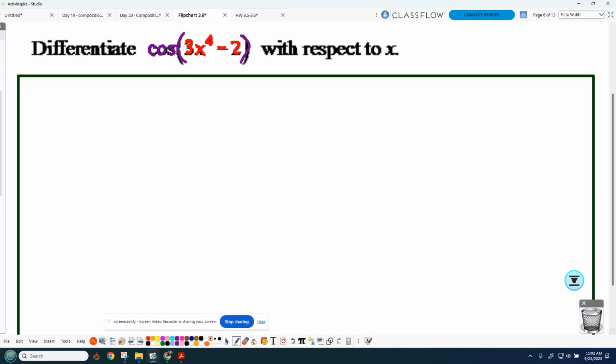Okay, so try that. Do the derivative of the outside. Milo, how do I do the derivative of the outside? It's negative sine of 3x.